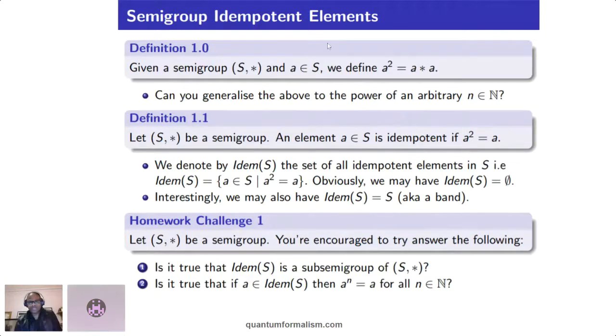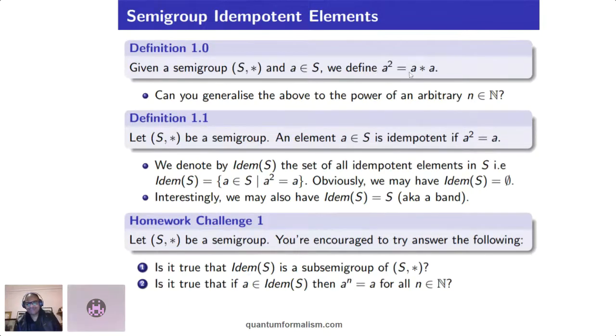So an element is idempotent if you take its square. Actually, there's a typo here. This is a squared equals a. Okay, there is a typo here. In fact, I will correct it. No, sorry, it says it here. I'm mistaken because of my screen view.